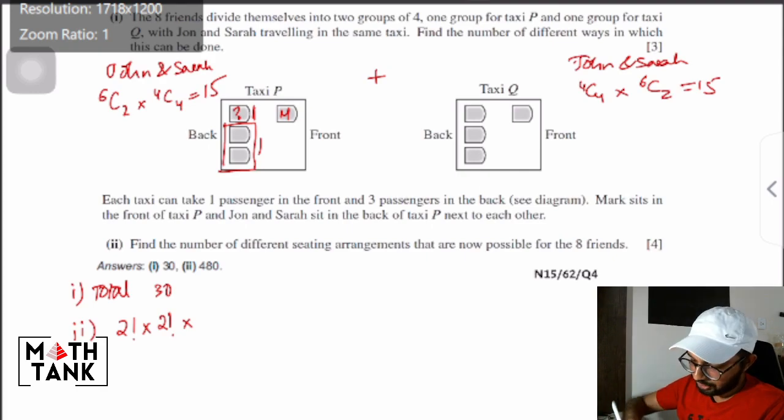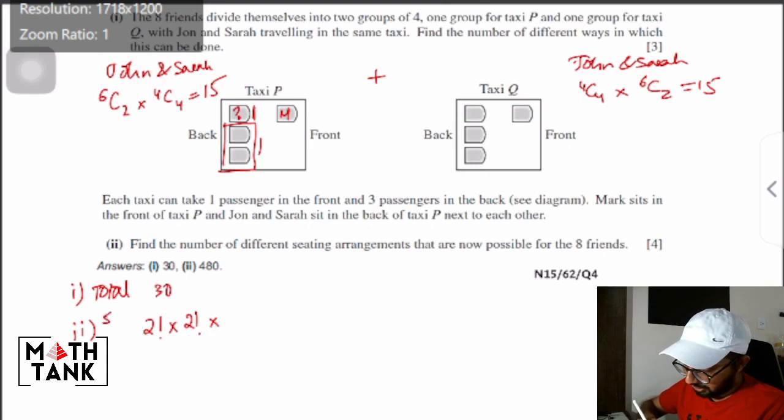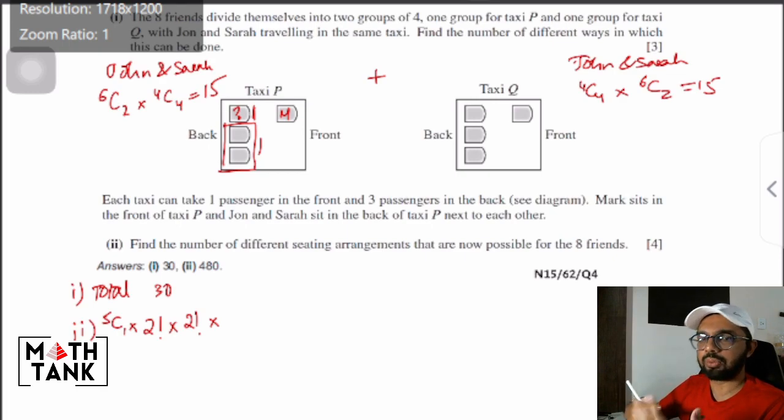So what needs to be done first, before I go into 2 factorial into 2 factorial, is that one of the people, there are 5 people left, gets chosen for taxi P and is seated in taxi P. Then he decides to arrange at the back, on the back seats, with John and Sarah shuffling together, or switching seats with this third passenger who came in, because Mark was already there. Mark doesn't get shuffled because Mark is already there. Now, since there are 4 people left, so I'm going to say 4C4.